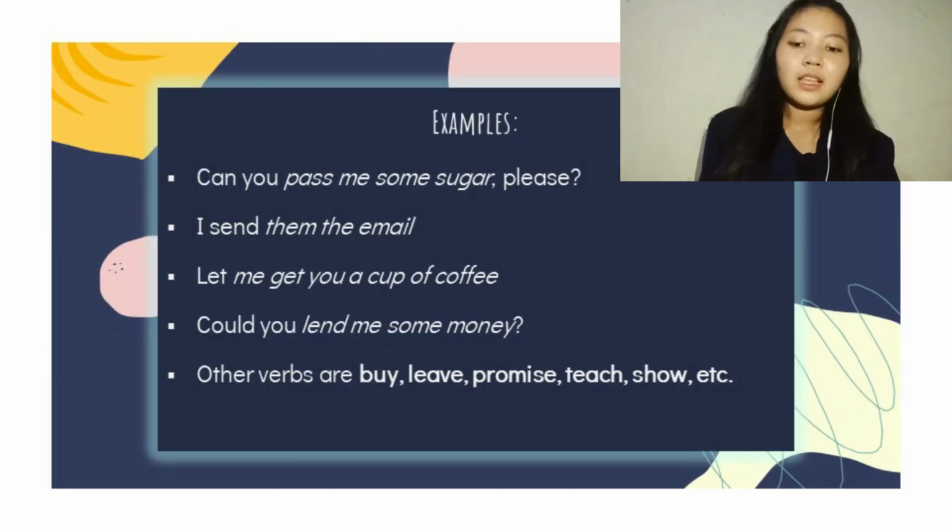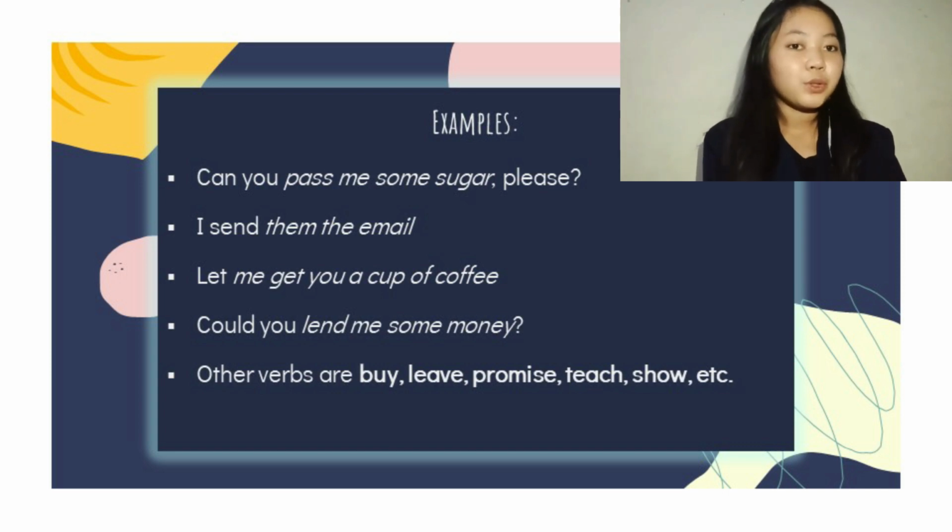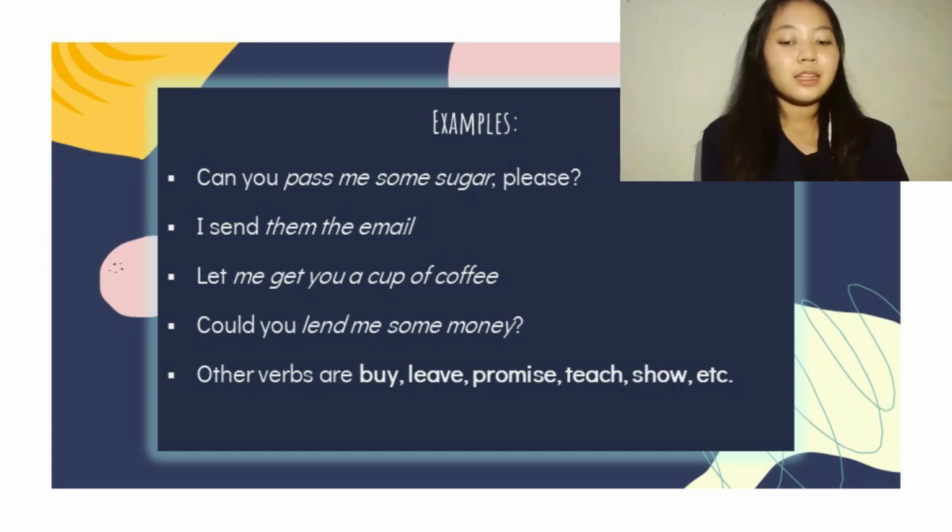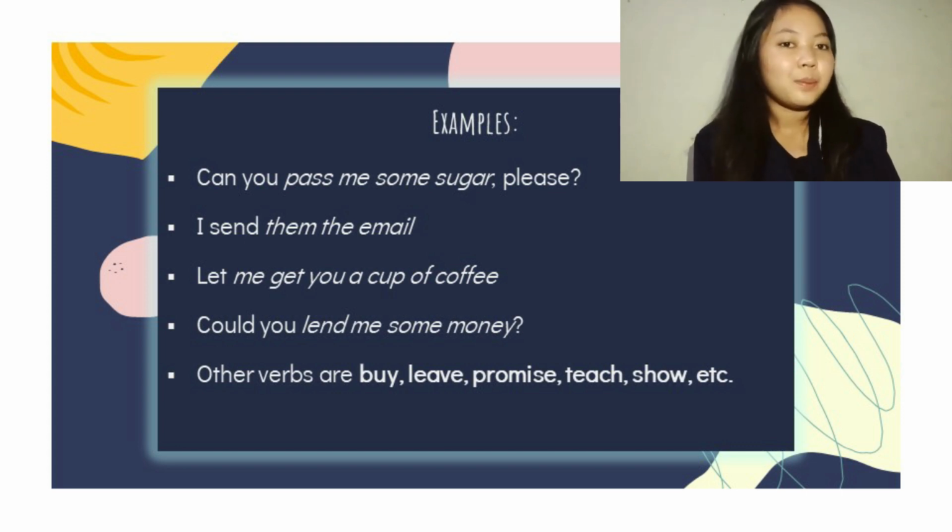For example, can you pass me some sugar, please? The second, I sent them the email. The third, let me get you a cup of coffee. And the next, could you lend me some money?